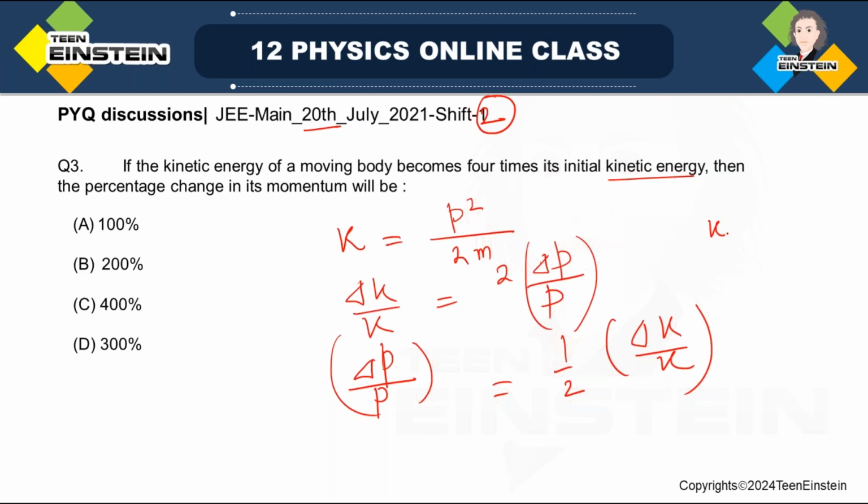If I say the initial kinetic energy is some E, so K is equal to E, and the final kinetic energy is 4E, it becomes 4 times. So this delta K will be 3E.